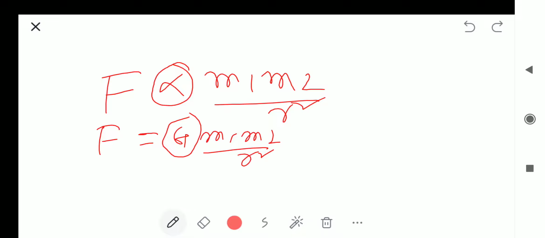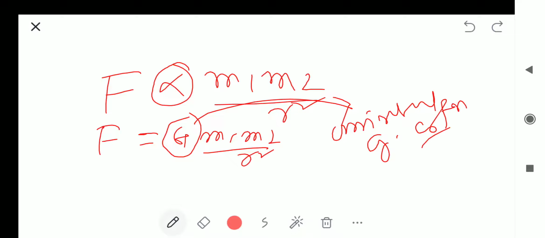G is the proportionality constant, the universal gravitational constant. The value of G is always constant for all time, all places, all planets.